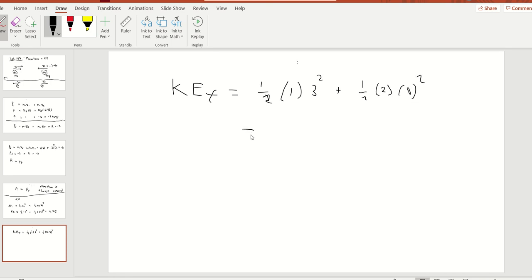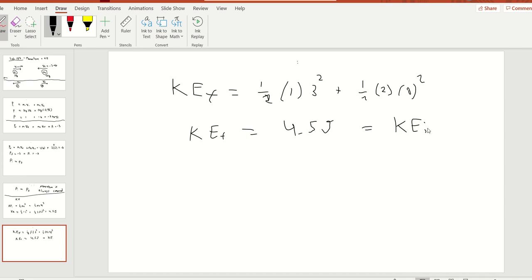And this is actually equal to 4.5 joules. So you see the kinetic energy is constant, energy is conserved for elastic collisions. So for elastic collisions, the final kinetic energy is equal to the initial kinetic energy.